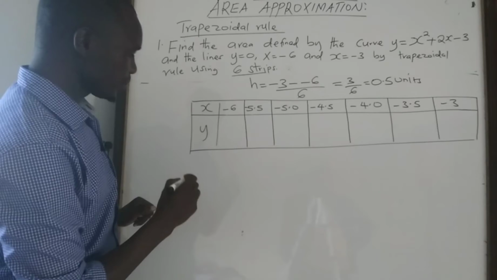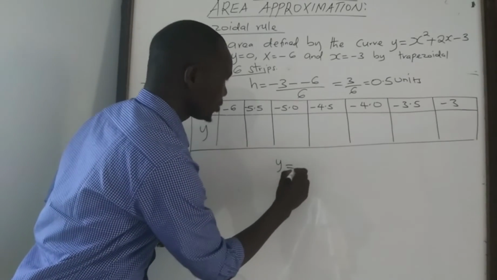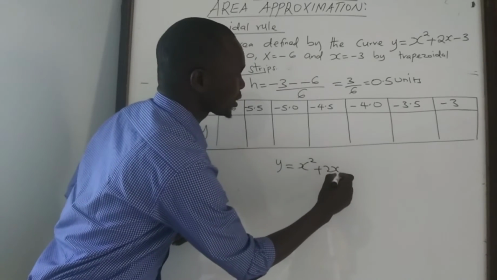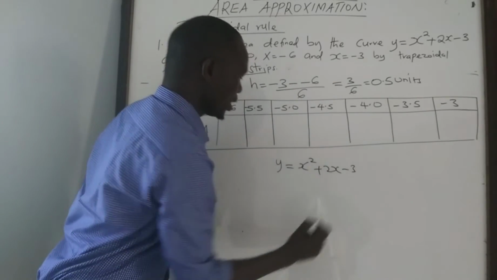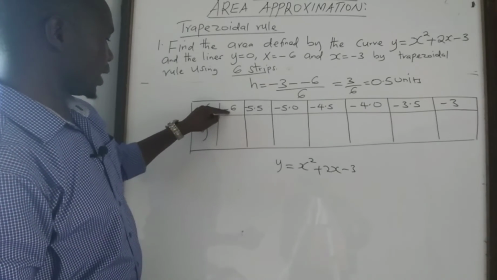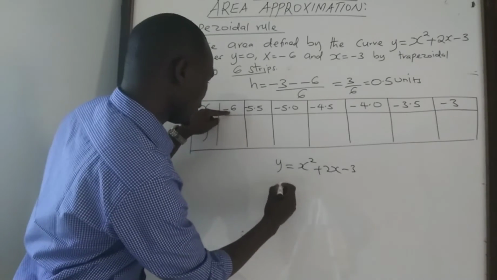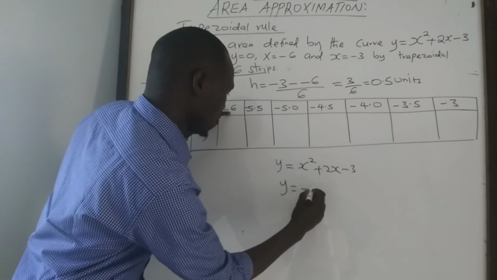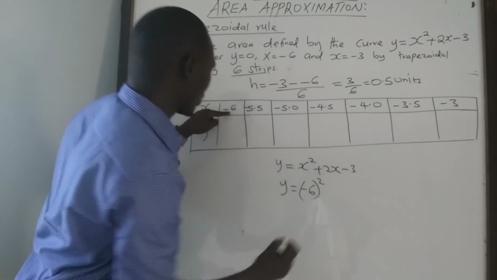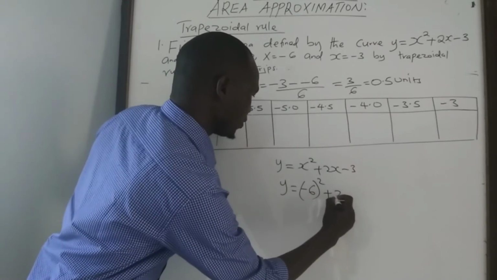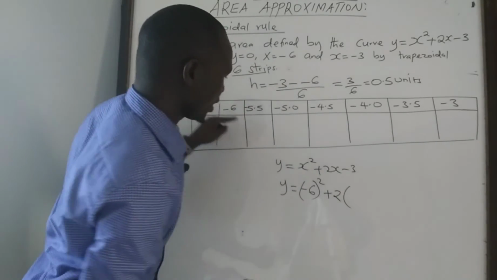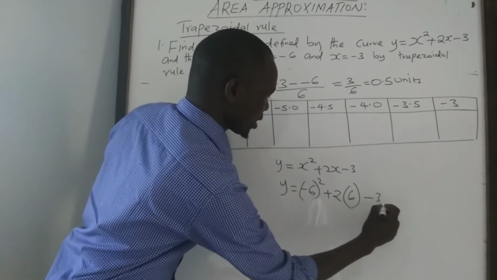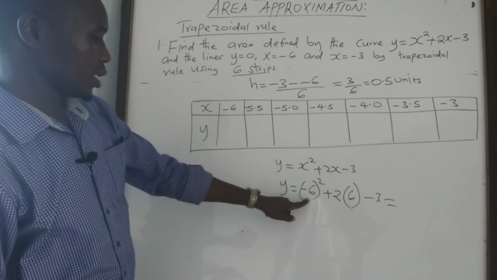So what we do, if we take y is equals to x squared plus 2x minus 3, then you substitute the value of x here. That is, the value of y here will be equal to negative 6, that is our x, squared, plus 2 times the value of x, which is minus 6, and of course we minus 3, and this one is going to be 36.